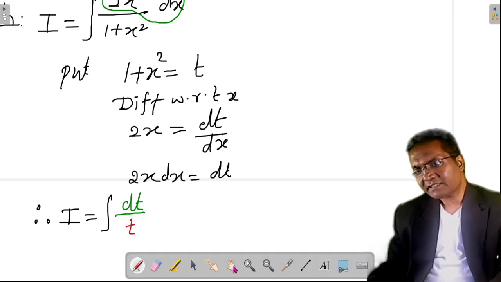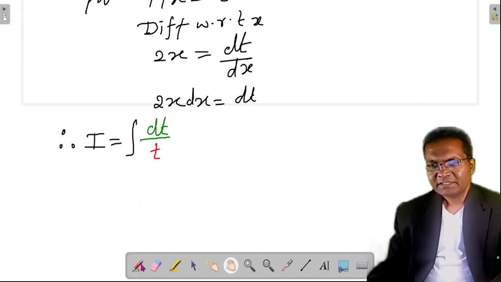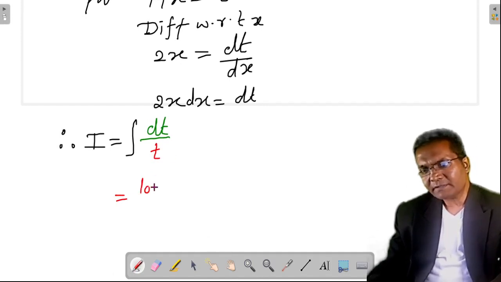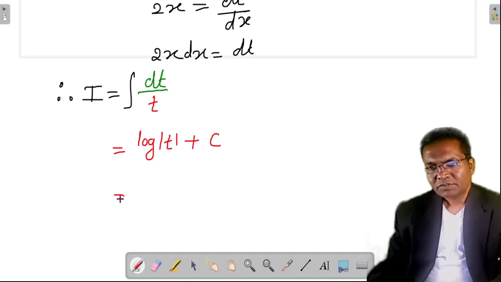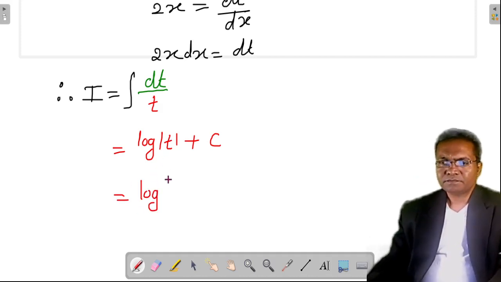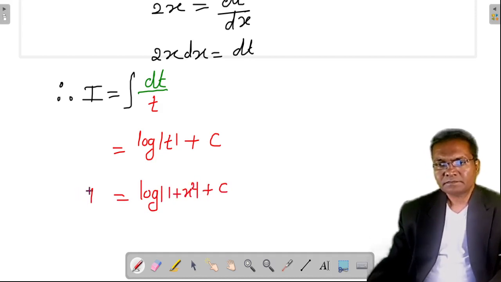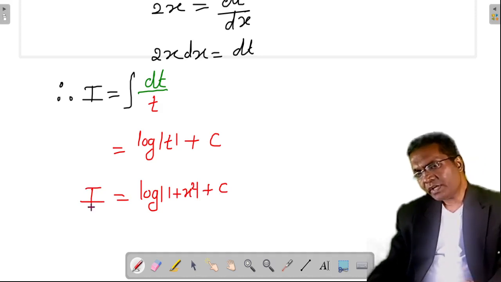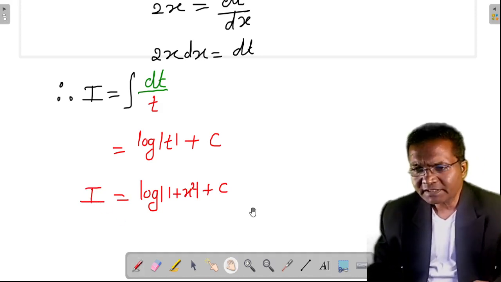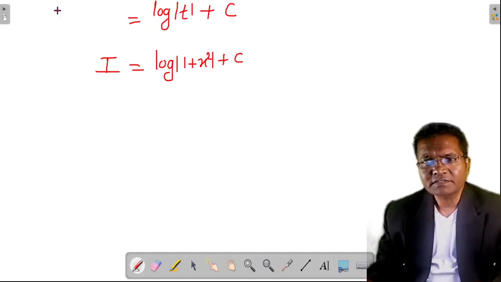Now very easily, the integration of 1 by t is log t plus constant c. So log of t, which we have taken as 1 plus x square. So this is a very important property, better you note this down.